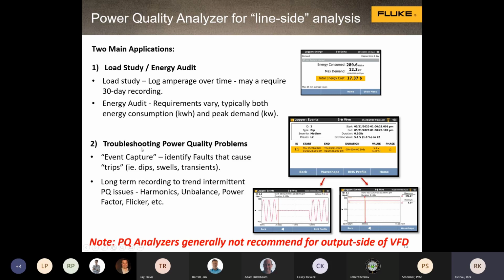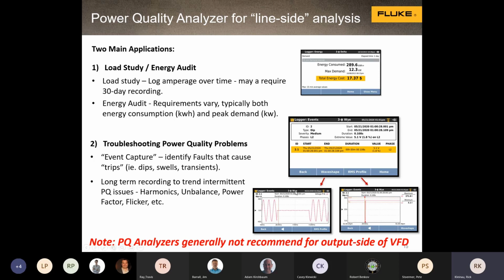I imagine anybody's can. It's when you start troubleshooting, the second application, power quality problems. The ability to capture events is kind of the key word here. Faults like dips, swells, transients is what separates those 17 loggers from one another.